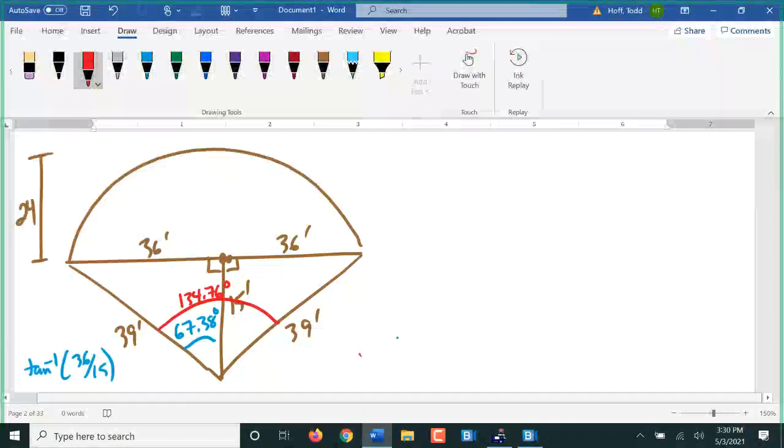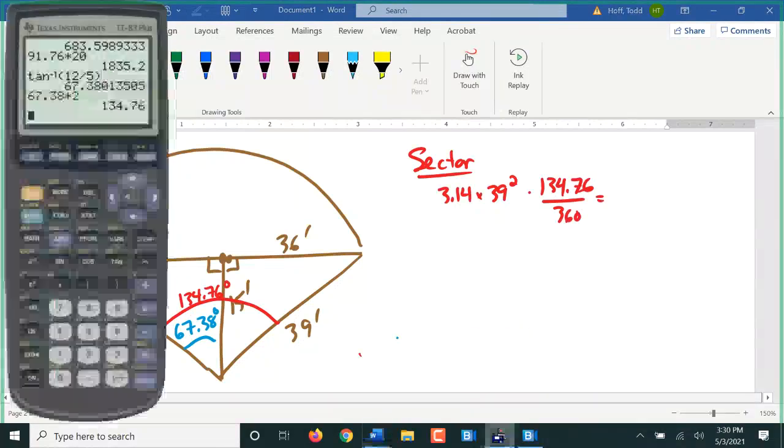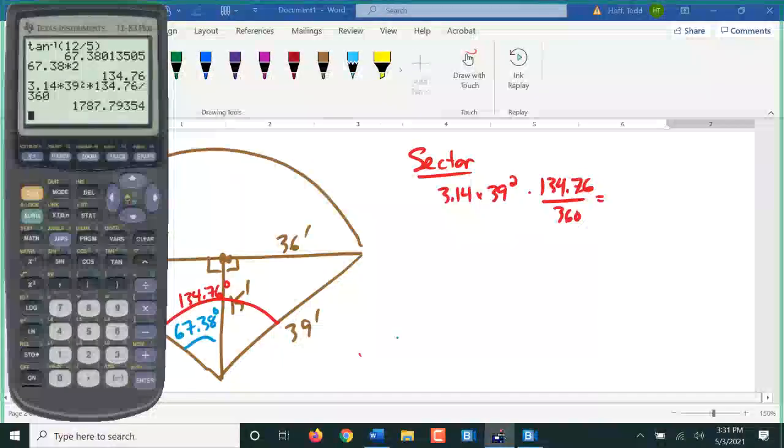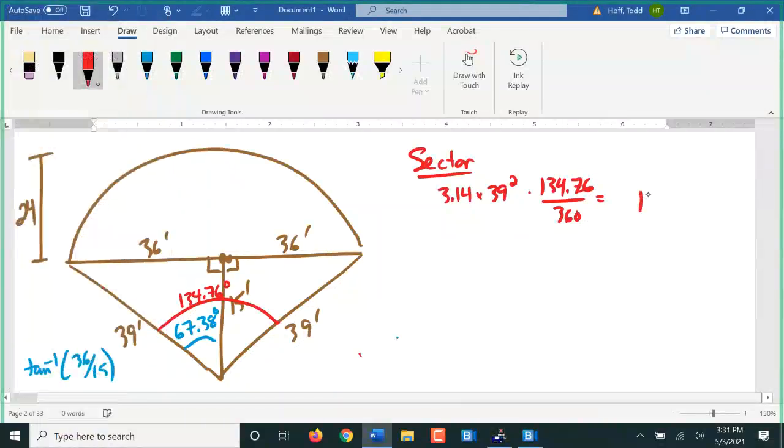So now that we have that angle, we can find the area of the sector. Pi times the radius squared times that 134.76 over 360. We got 1787.79.